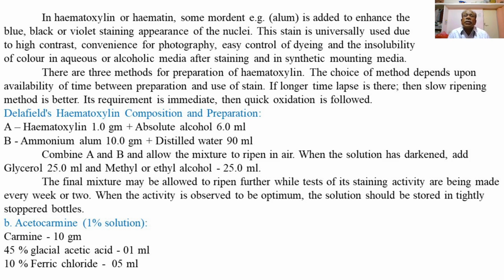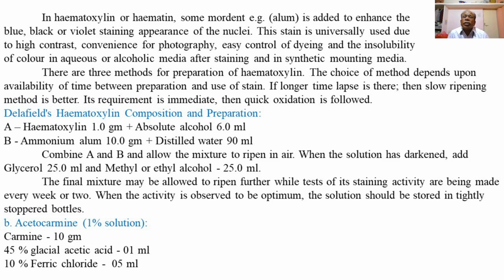This stain is universally used due to high contrast, convenience for photography, easy control of staining, and the insolubility of color in aqueous or alcoholic media after staining, and in synthetic mounting media also. There are three methods of preparation of hematoxylin.